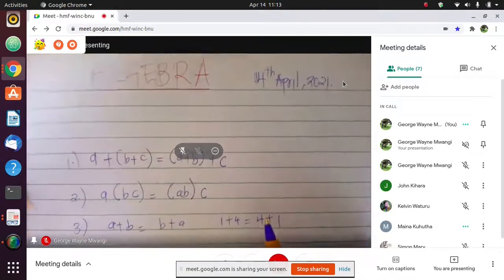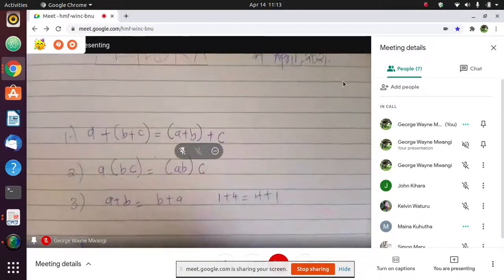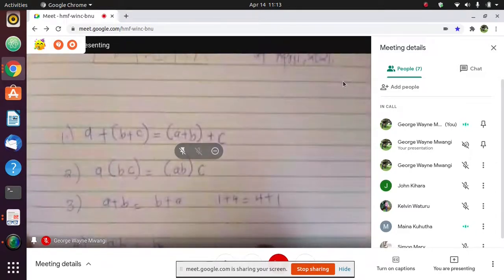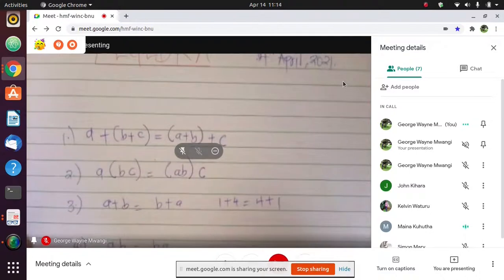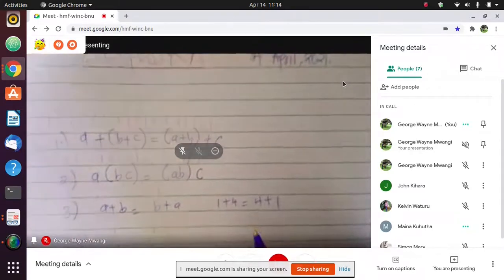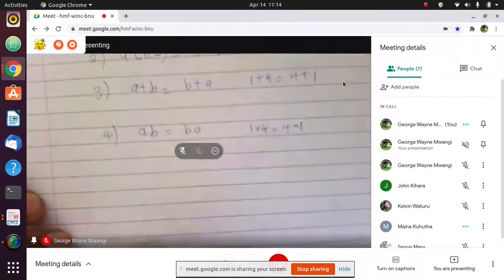So, now, another law, a times b is the same as saying b times a. In fact, if I say 1 times 4, it is the same as saying 4 times 1. That is another law.